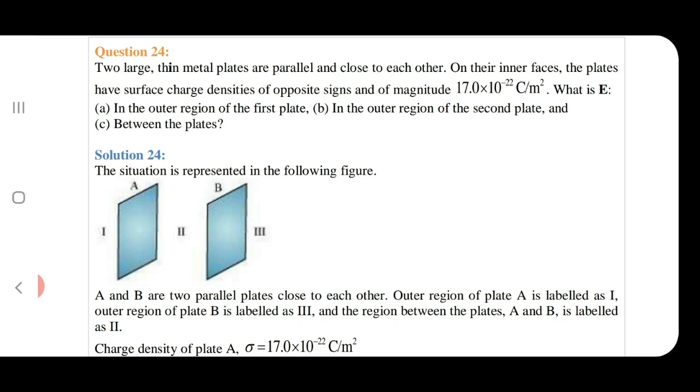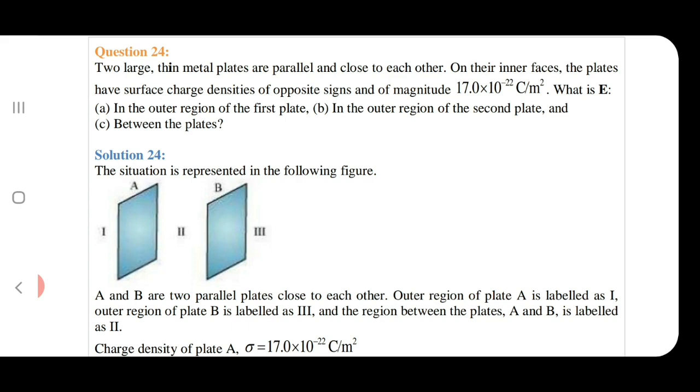On their inner faces, the plates have surface charge densities of opposite signs and of magnitude 17 into 10 raised to minus 22 coulomb per meter square. What is E? That means the electric field in the outer region of the first plate, second case, in the outer region of the second plate, and third, between the plates.